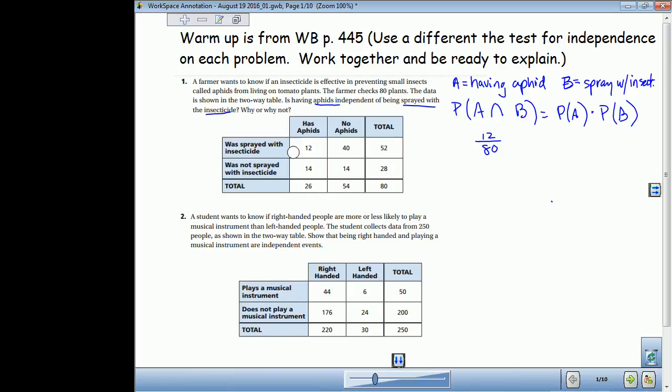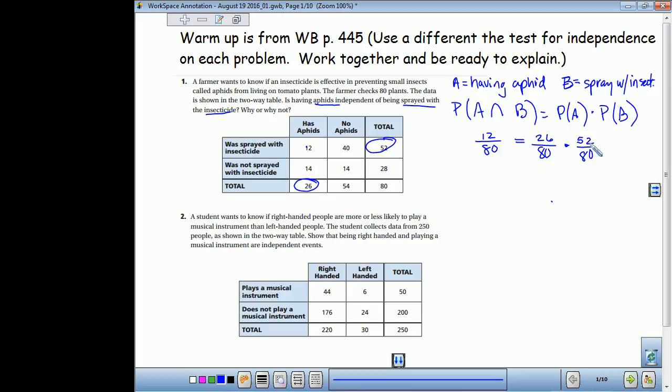All right. Now, how does that compare to the product of the individual probabilities? So the probability of A is the probability of having aphids. That would be 26 out of 80. And B is being sprayed with insecticide, which is 52 out of 80. So at this point, I would probably grab a calculator and convert these to decimals.